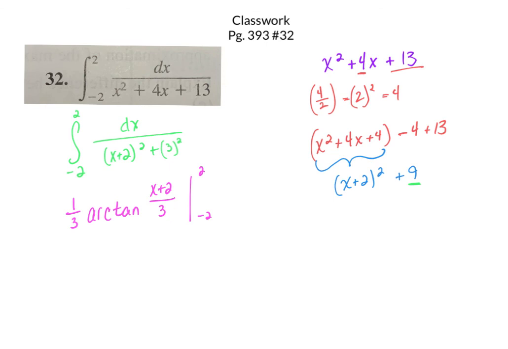So if I do plug it in, I'll say 1/3, and I just left it on the outside when I did it. 1/3 arctangent, and I plug in my 2. 2 plus 2 is 4, so arctangent of 4/3, minus the arctangent of negative 2 plus 2, which is 0, over 3, which is just 0. Arctangent of 0 is 0, because that's what gives you a sine of 0, 0 over 1.